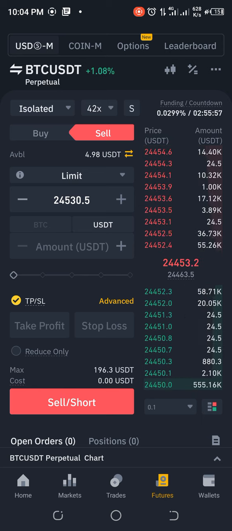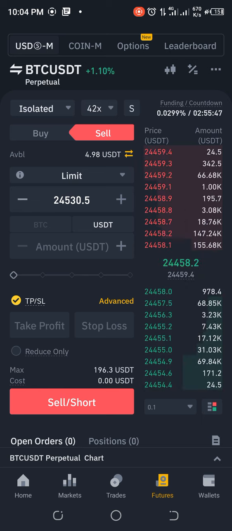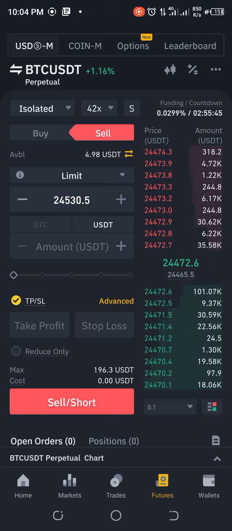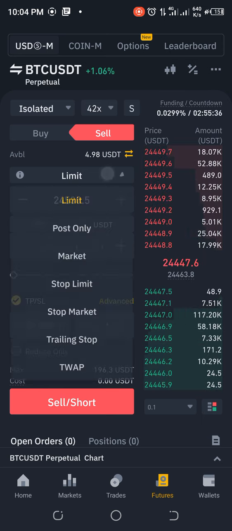So it's ranging between 460, 450. Now let's say you want to wait for BTC to get to $26,000 before you now short it or sell it. Then it's most likely you might not be in the market as at when BTC will get to $26,000. So this is what they use limit for.